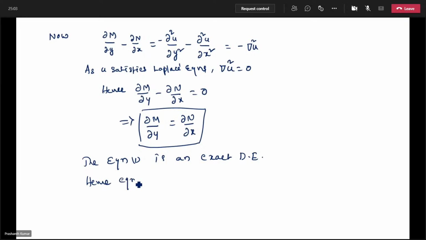Equation 1 can be integrated and v can be determined.